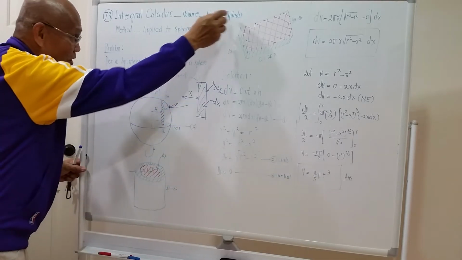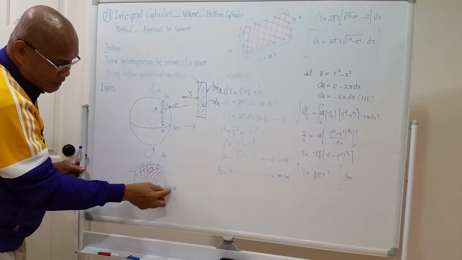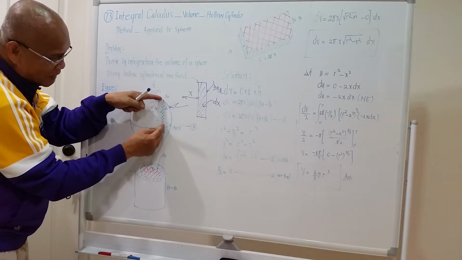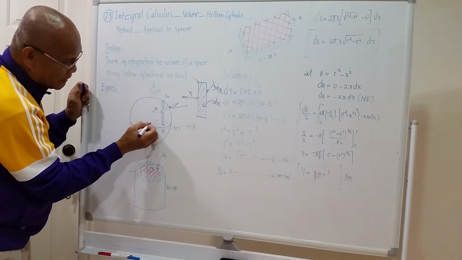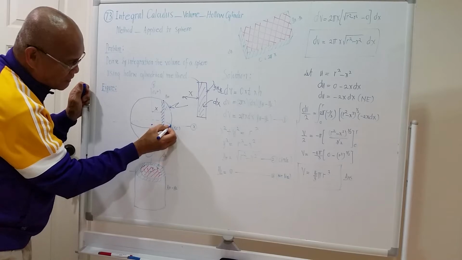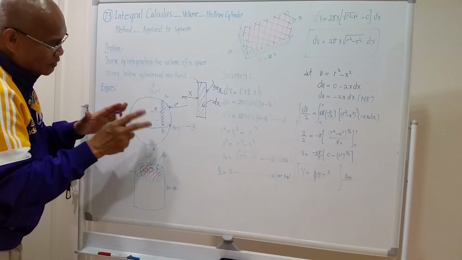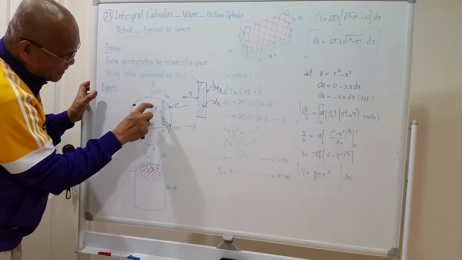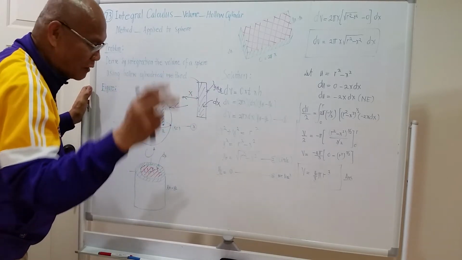That's why it is the hollow cylinder method. The height is y higher minus y lower, the y here minus the y here, as dx moves from this point up to this. The height of the differential area is variable, because the circle is not a regular figure.